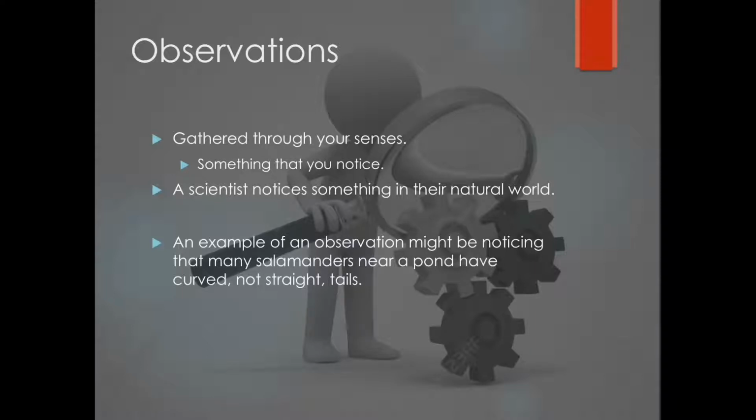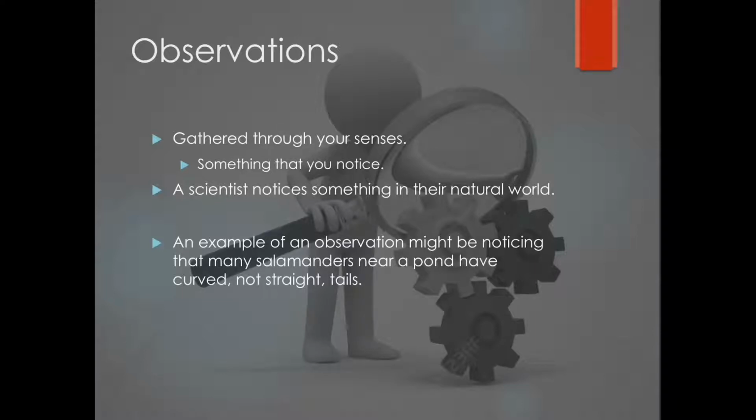So a scientist noticed something in their natural world and they ponder on that something that they've noticed, and they can either decide to take it further and make an experiment out of it, or it can just be some observation that they put in the back of their mind.